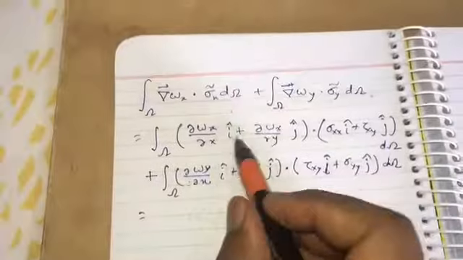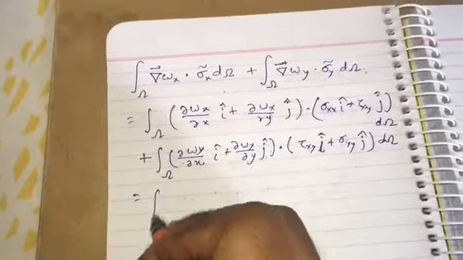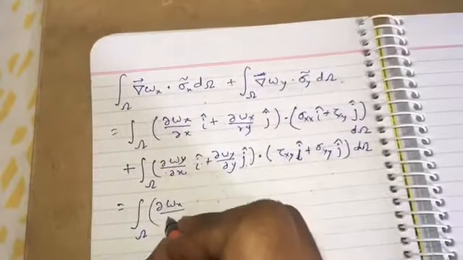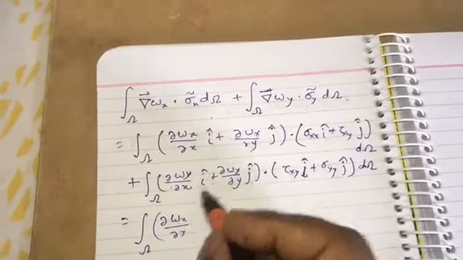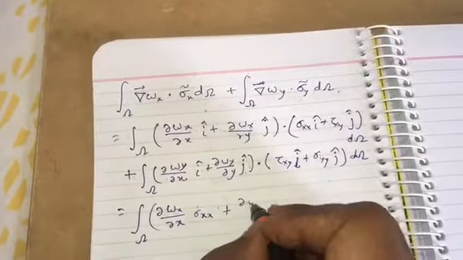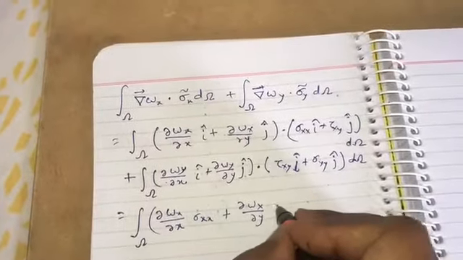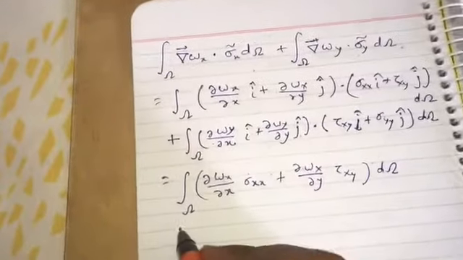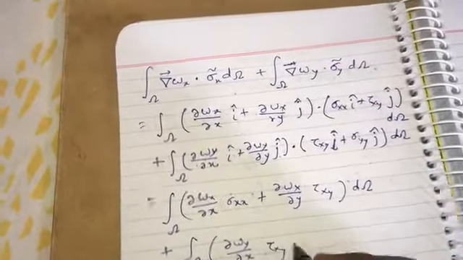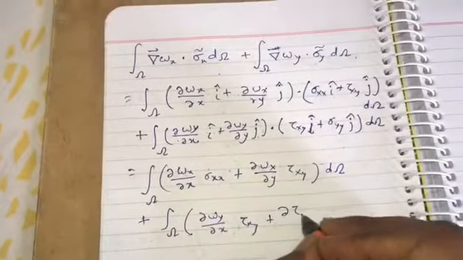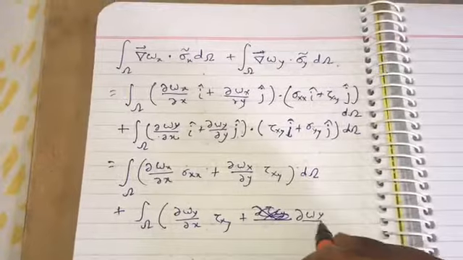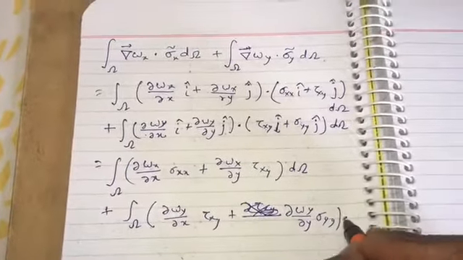We expand further. If we do the dot product here, the i and i terms combine, and we get the integral over omega of del wx over del x times sigma xx, plus del wx over del y times tau xy, d omega, plus del wy over del x times tau xy, plus del wy over del y times sigma yy, d omega.